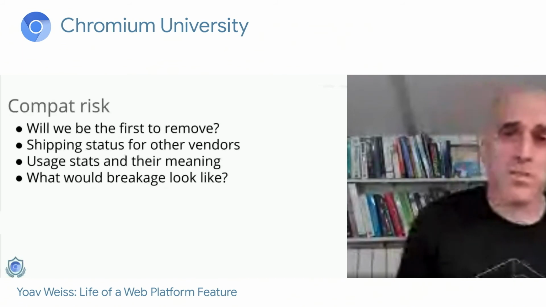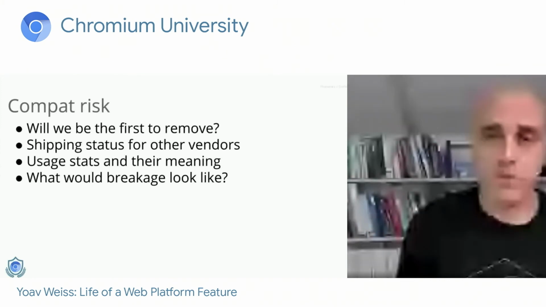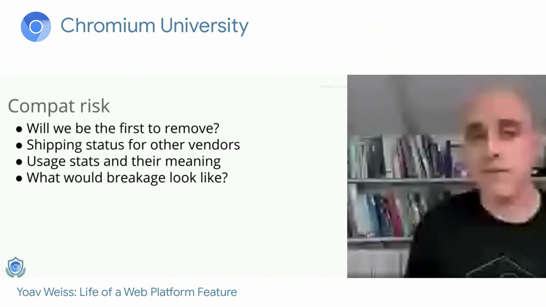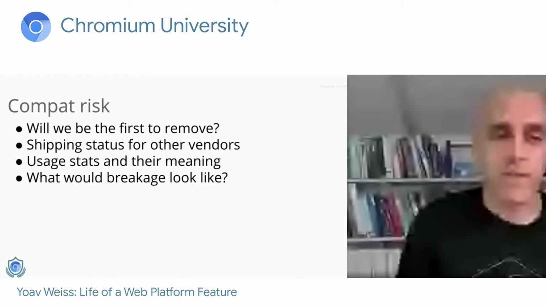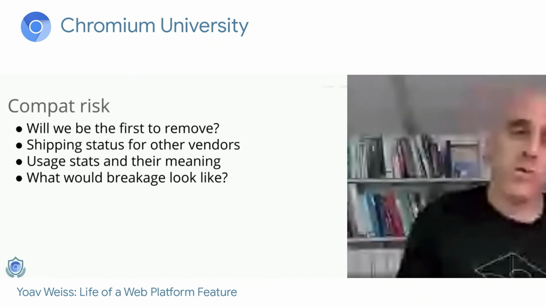And when assessing compatibility risk, questions we typically ask ourselves are, will we be the first ones to remove that feature? What is its shipping status for other vendors? Are we the first to remove? Was it never shipped elsewhere, etc.? We typically look at usage stats and what they mean.